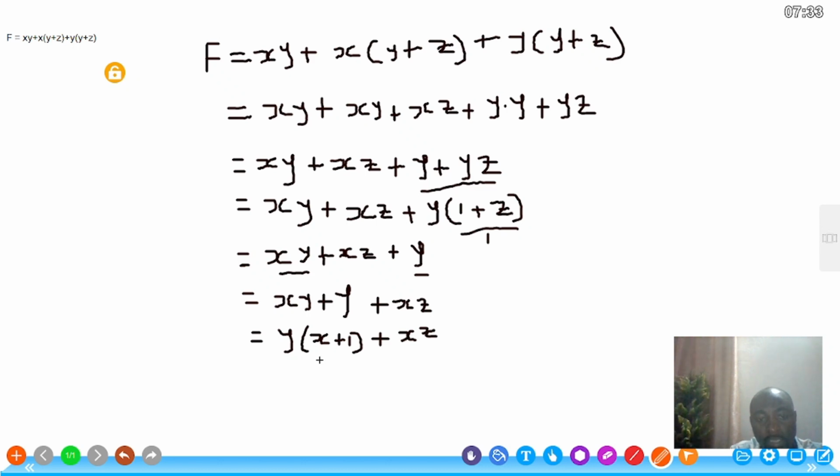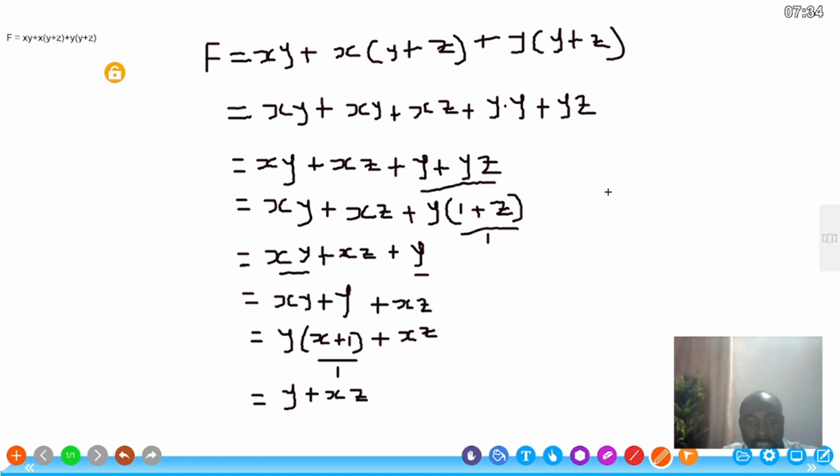Again, you will notice that based on the Boolean identities, this is equivalent to 1. So if that should be the case, our final expression will be y plus xz. This is our final simplified version of the original expressions, right?